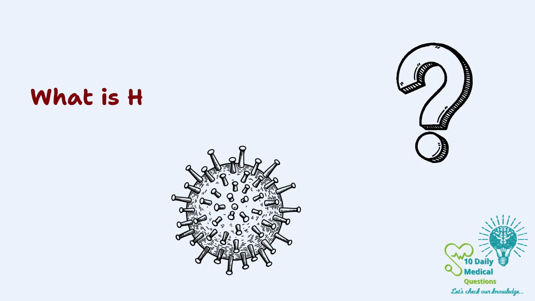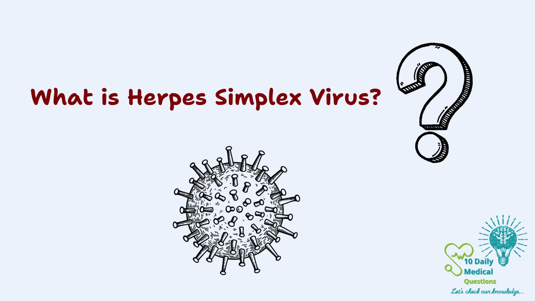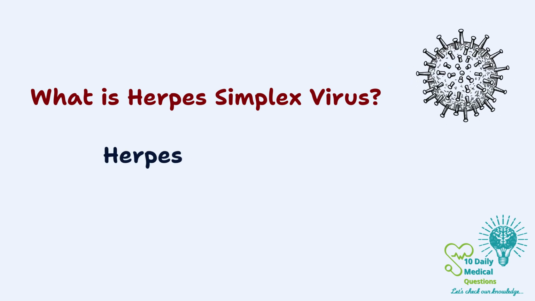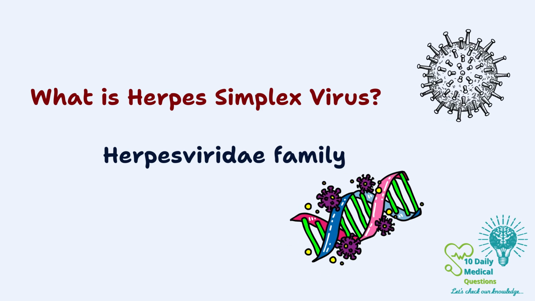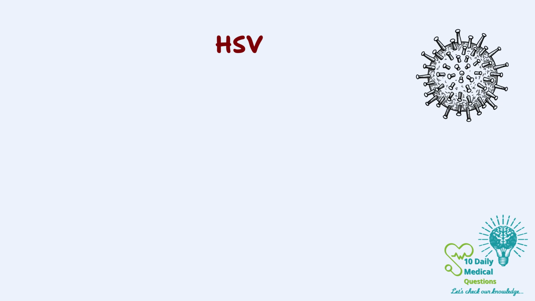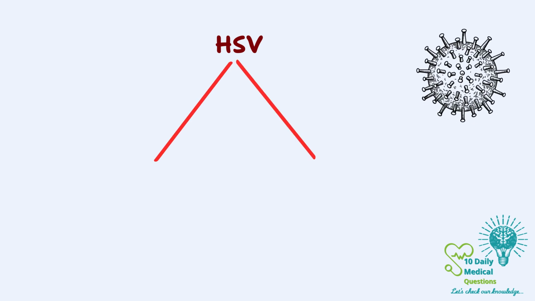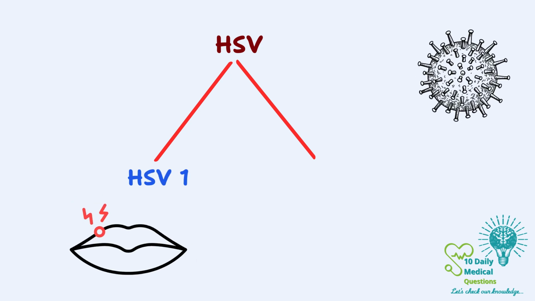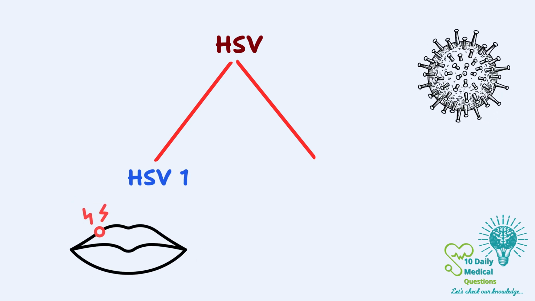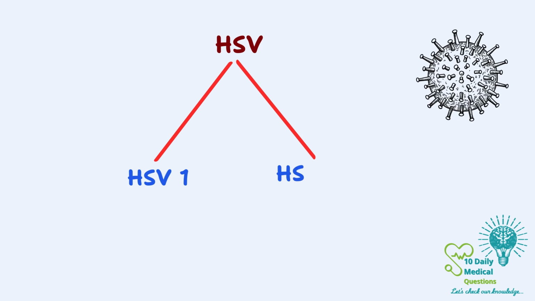What is Herpes Simplex Virus? Herpes Simplex Virus or HSV belongs to the Herpesviridae family, a group of double-stranded DNA viruses. HSV is classified into two types. HSV-1 typically causes oral herpes or cold sores, but can also cause genital infections.